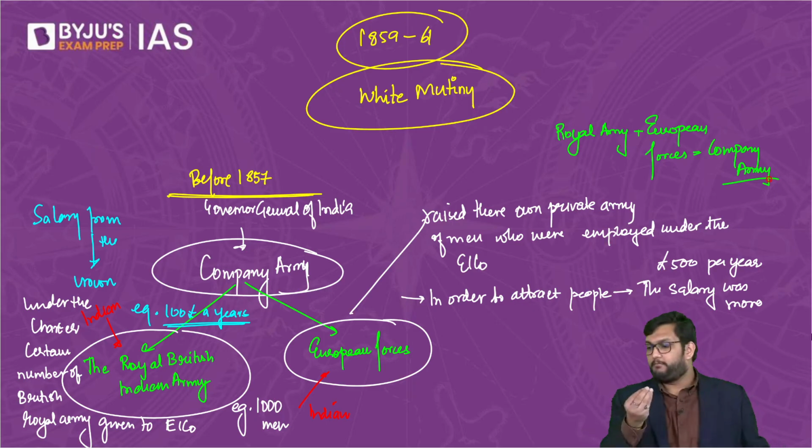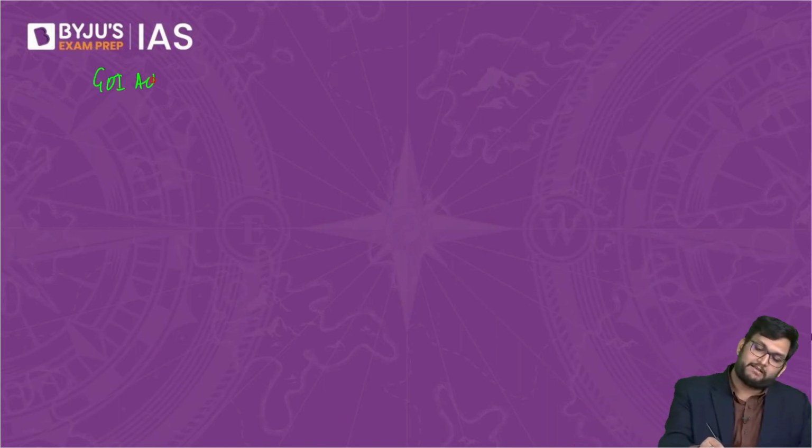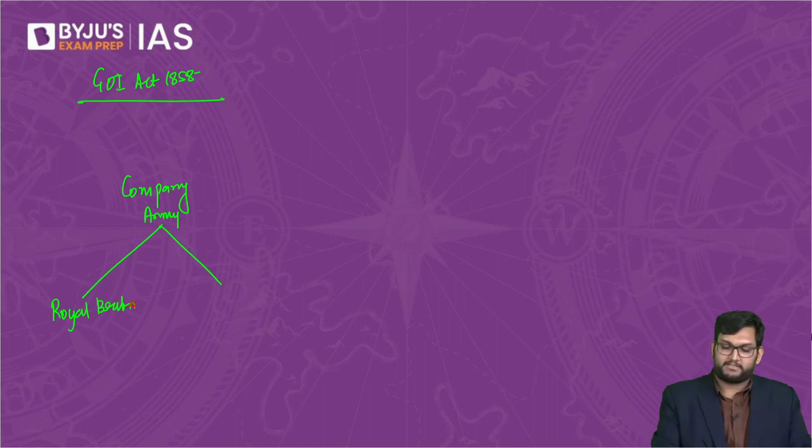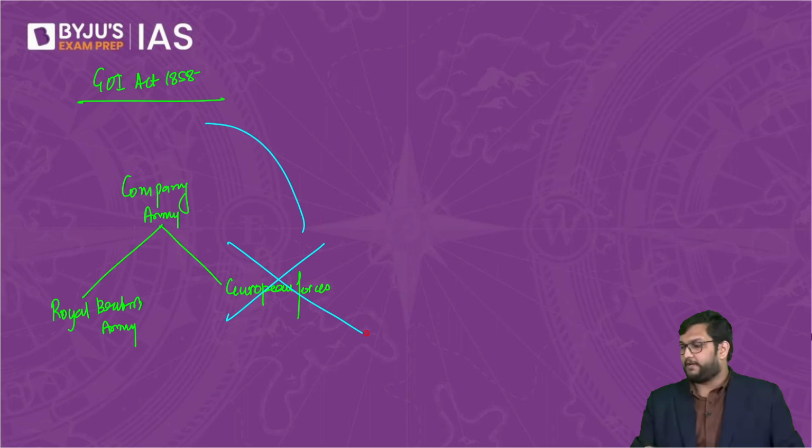So, basic concept: as soon as the Government of India Act 1858 comes, the company army, which had two components, the Royal British Army and the European forces, with this act, this will get abolished.